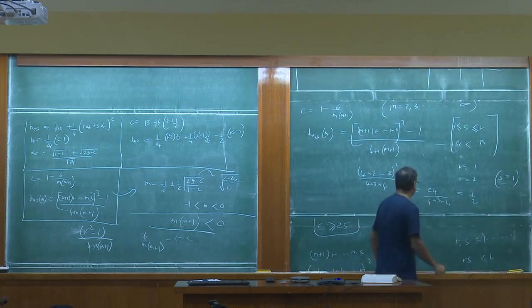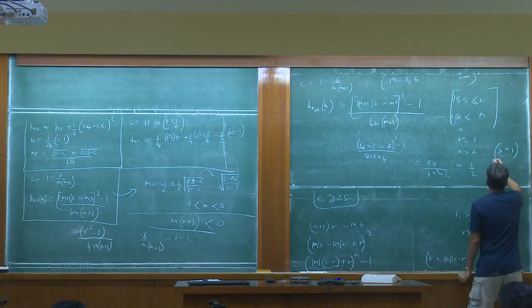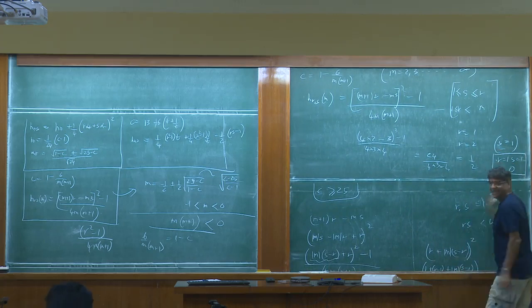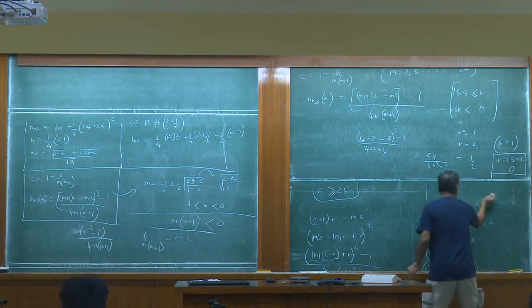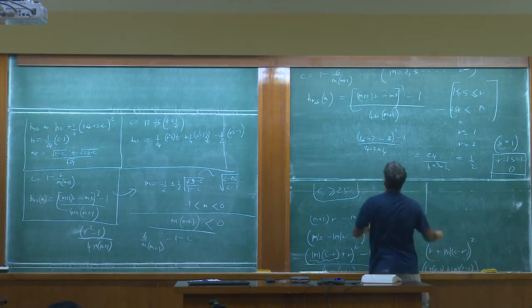So let's do R equals 1, S equals 1. We get 0. That's the identity. And then there is R is equal to 2, S is equal to 2. So let's look at that.